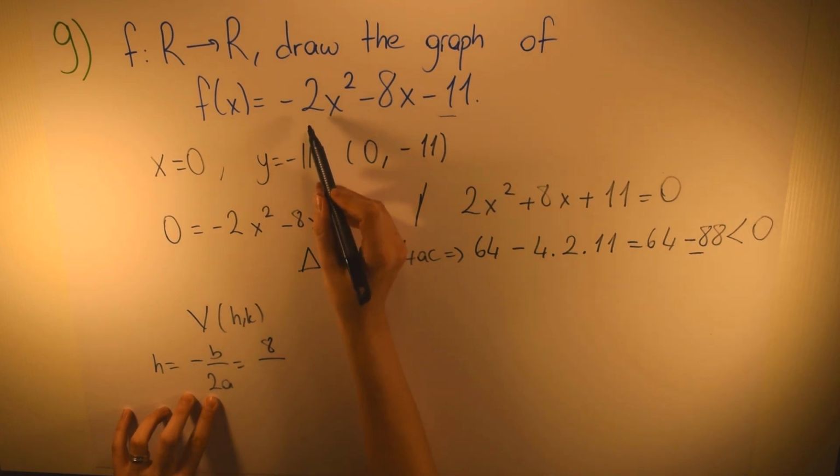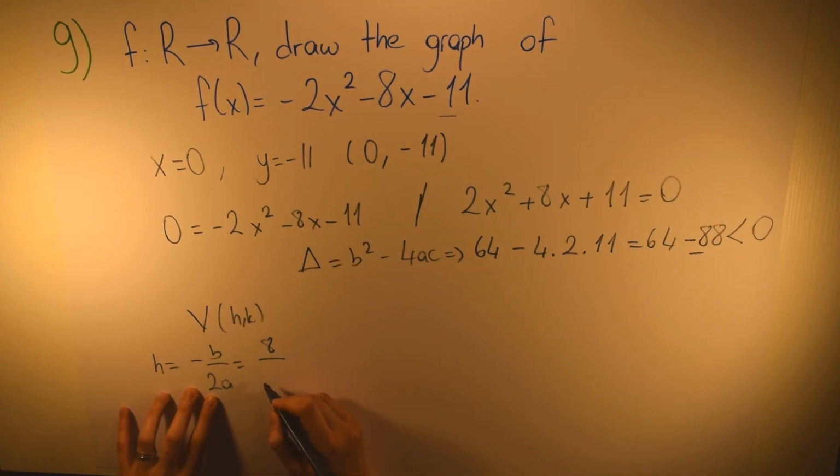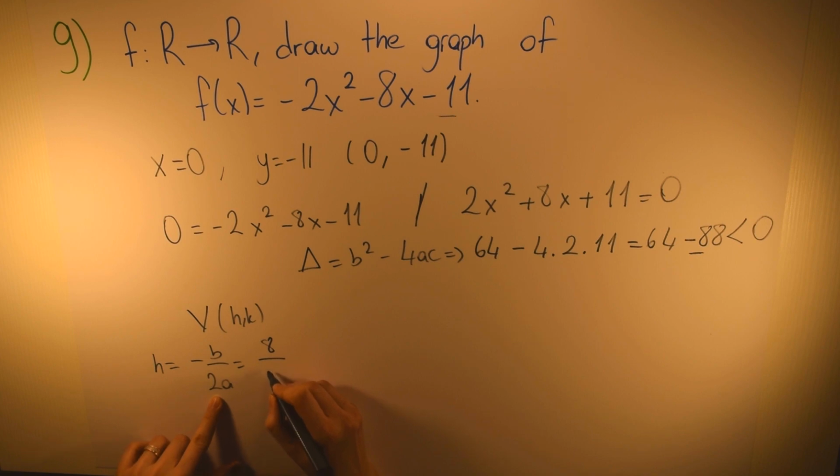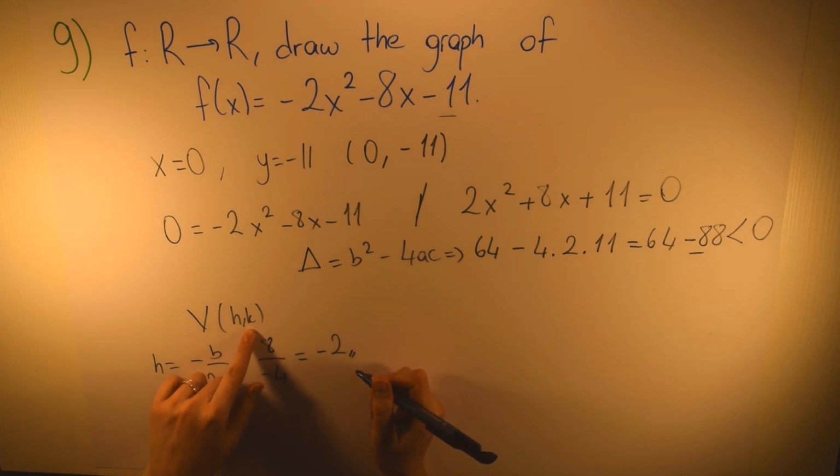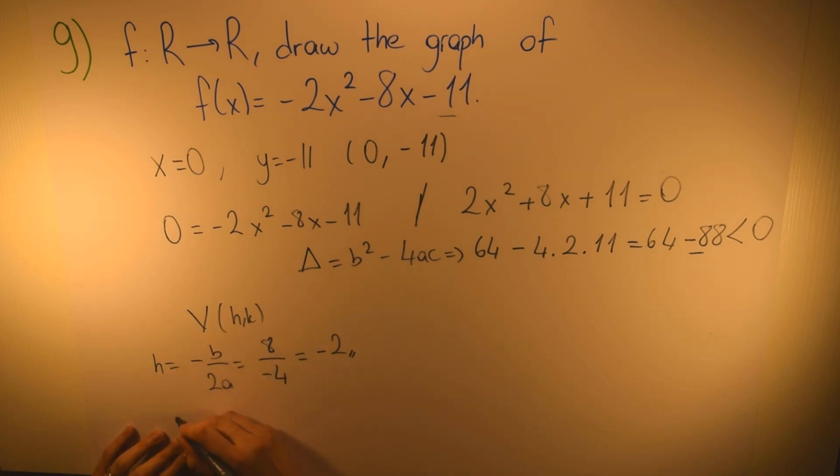A is equal to minus 2, so it's minus 2 times 2, it's minus 4, which is equal to minus 2. So this is the value of h. Let's find the value of k. So when I put this value h instead of x, I will be able to find the value of k. So let's do that.